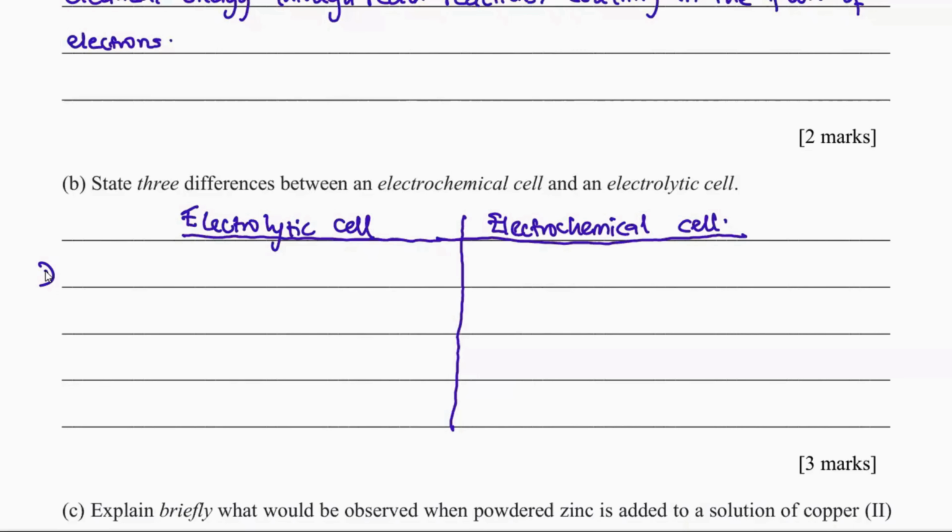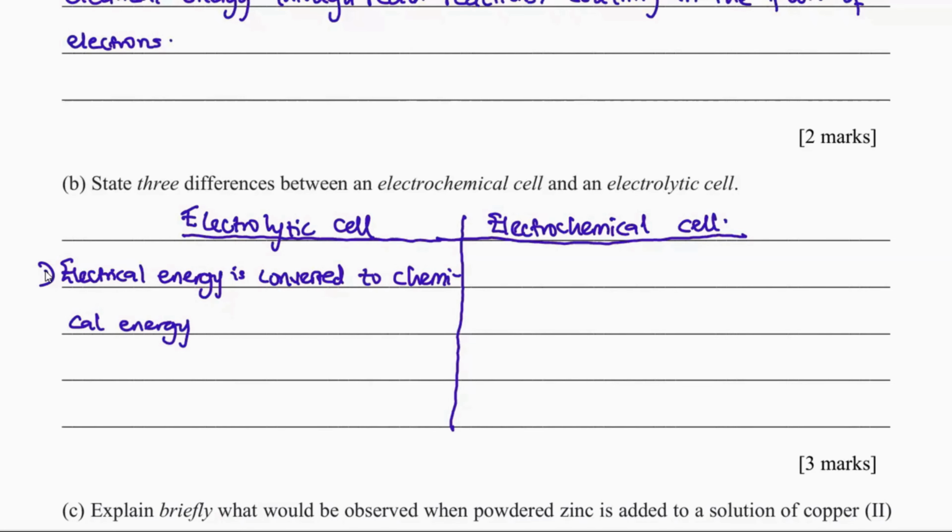In an electrolytic cell, energy is being converted from electrical energy to chemical energy. So we can say electrical energy is converted to chemical energy.